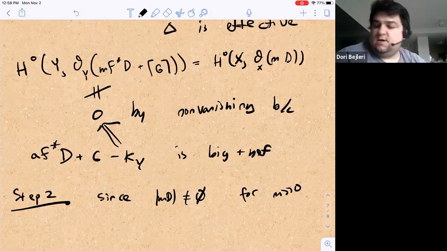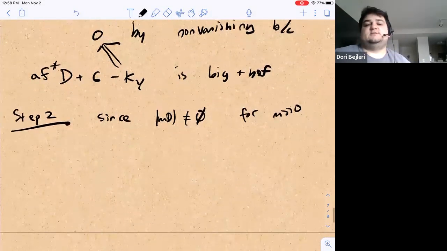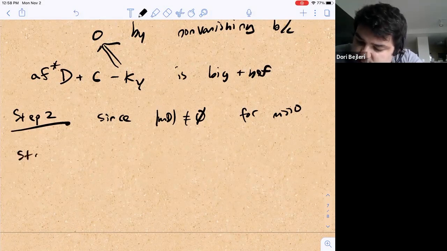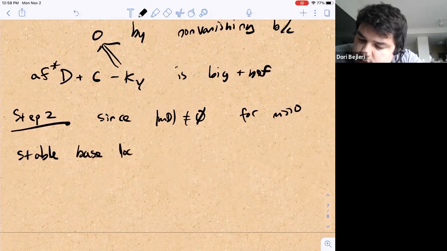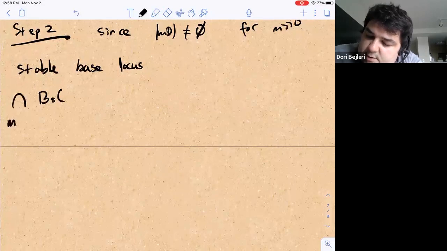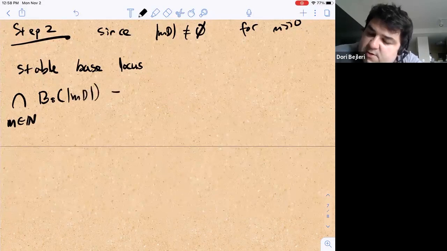It's a non-empty divisor, and we want to show that it's base point free for large enough M. So we actually want to look at what's called the stable base locus, which is defined as the intersection over all M of the base locus of the linear series MD.